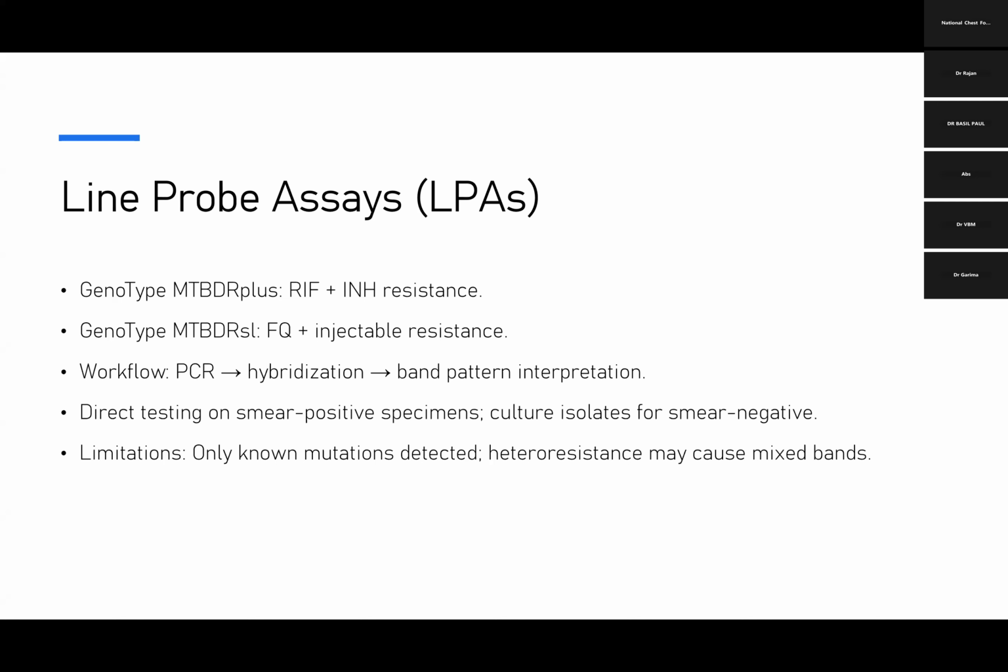First we do a PCR, then hybridization, then band pattern interpretation. It is direct testing of smear-positive specimens, or culture isolates for smear negatives. There are newer generation LPAs which are not readily available in India, but they can be used even in smear negative specimens. The limitation is that only known mutations are detected, and heteroresistance may cause mixed bands, so there is difficulty in interpretation.